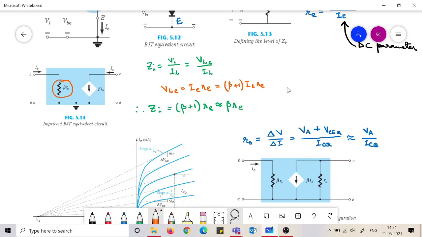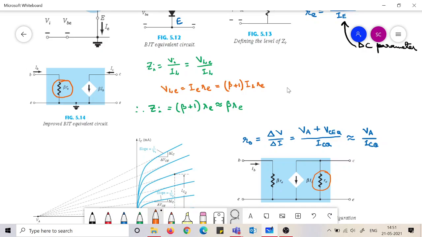What is the output impedance? VCE divided by IC. There is AC also, so some change in VCE is producing some change in IC. So delta V by delta I at the output side would be the output resistance RO. So RO can be defined in this manner, and this RO is now shown here in parallel to this.